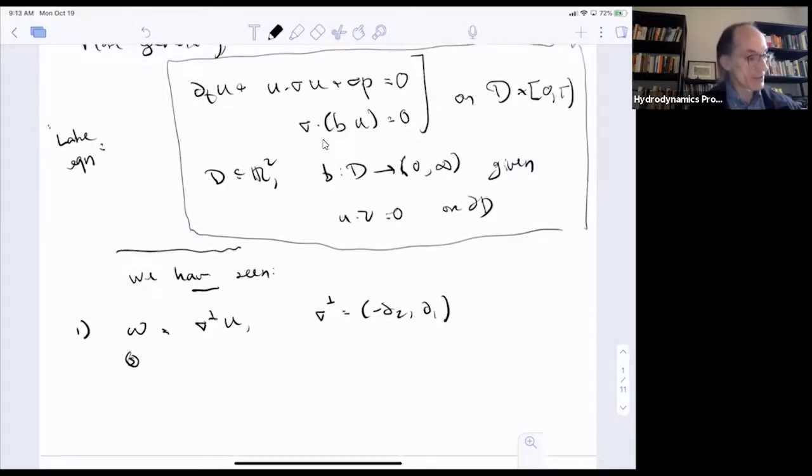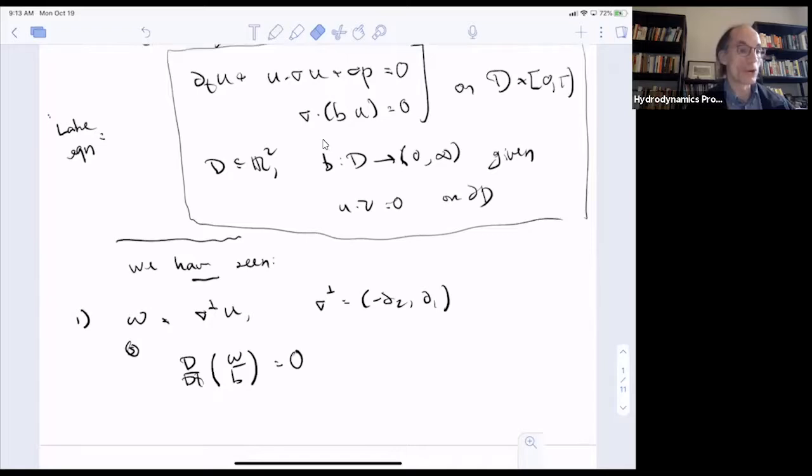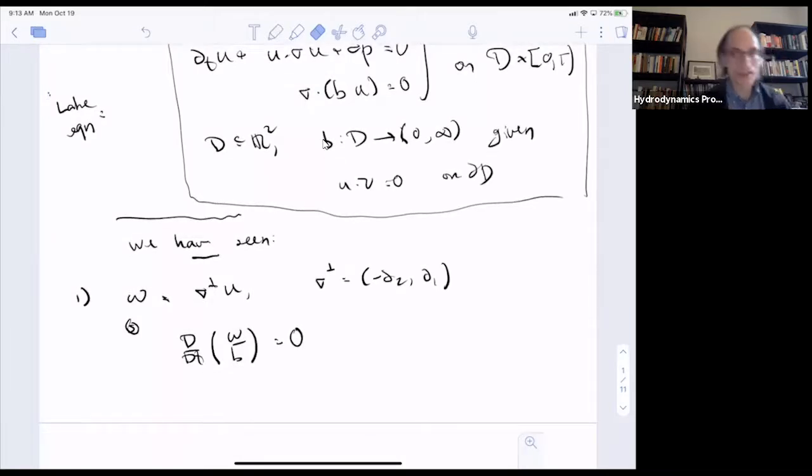This satisfies that its material derivative, not of the vorticity, but of the vorticity weighted by this function b, is 0. What this says is that the quantity that's transported by the flow is not vorticity, it's vorticity over b.